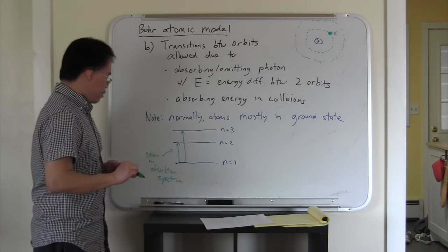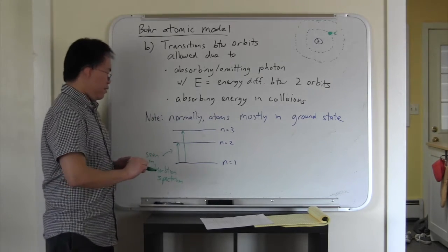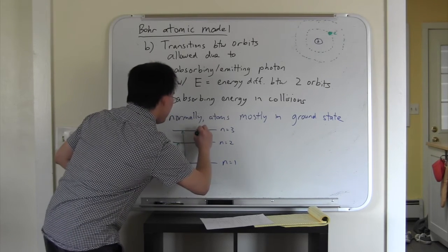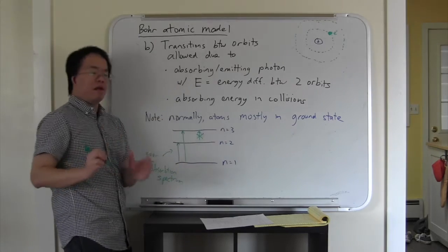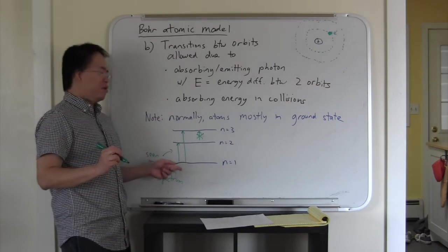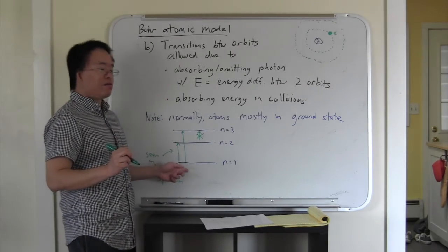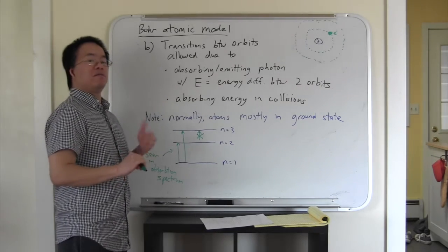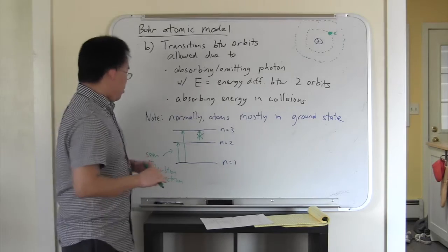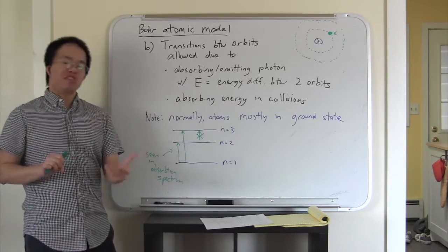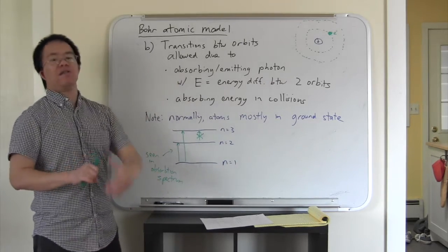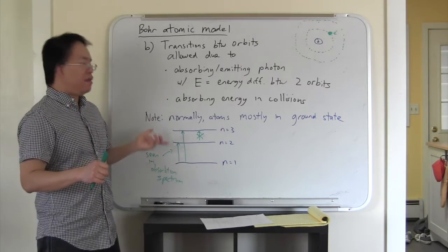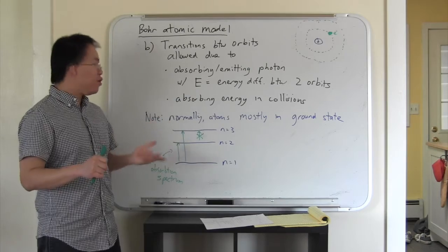However, what you don't see is the following. You don't see this absorption, and I'm going to cross that out. Because most of your atoms, or nearly all of them, are in this ground state. Very few are in the n equals 2 state to begin with. Now, this isn't a problem for emission spectra because the process of having atomic collisions manages to excite the electrons to higher energy levels.